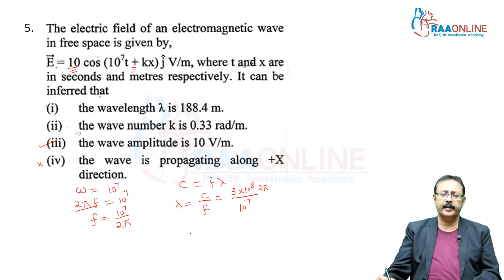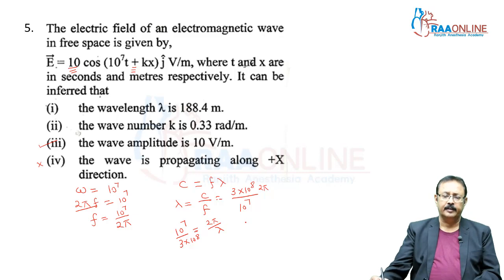So what we are getting? 10 to the power 7 by 3 into 10 to the power 8 is equal to 2 pi by lambda, and 2 pi by lambda is k. So this implies k is equal to 10 to the power 7 with power 8. So we are getting 1 by 30.